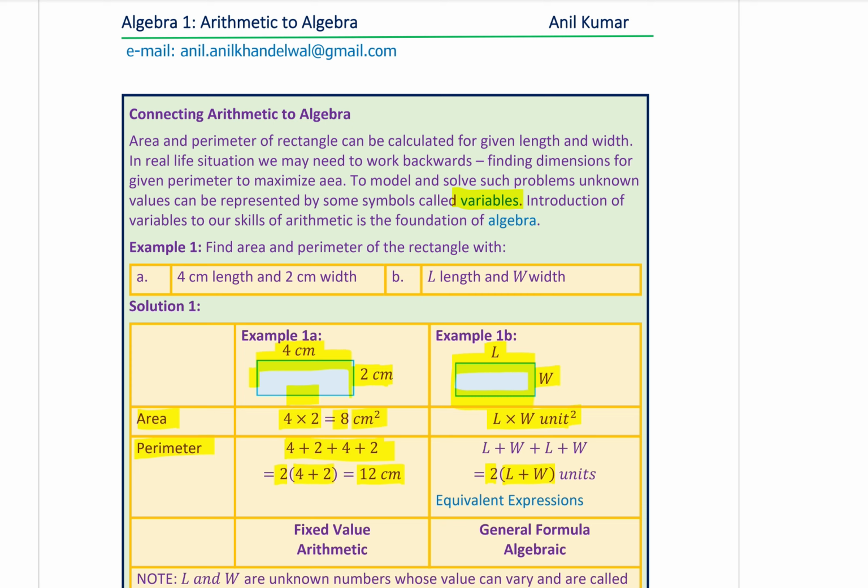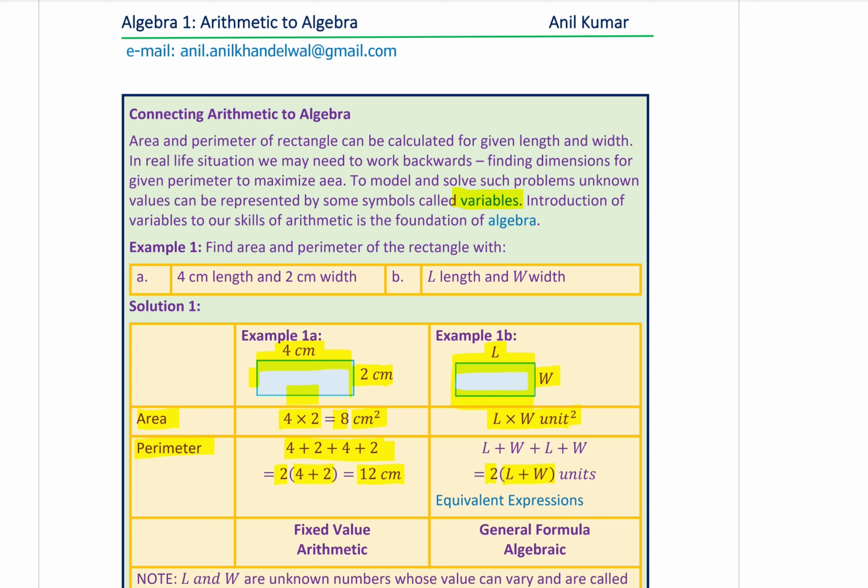Now these are called expressions. The two expressions which we wrote here, length plus width, and then rewrote as 2 times (length plus width), are also called equivalent expressions. They convey the same meaning, their results are always the same, they are equivalent.